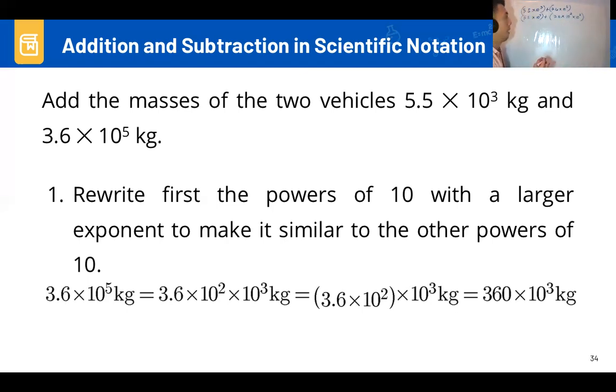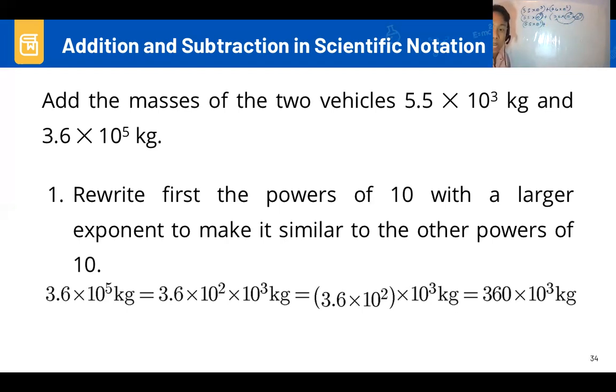Okay? Let's continue. Now, so we have this now. They are now the same. So we can now add them. Pero ano mangyayari sa 10 squared? We need to multiply it to 3.6. So, copy ko lang to. Plus, ayan. What is 3.6 times 10 squared?